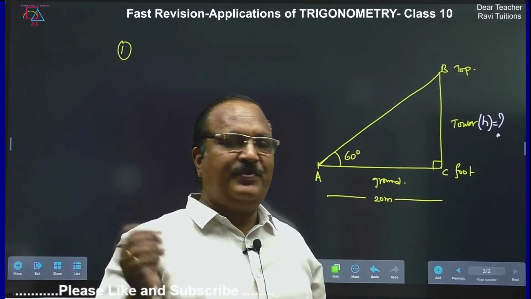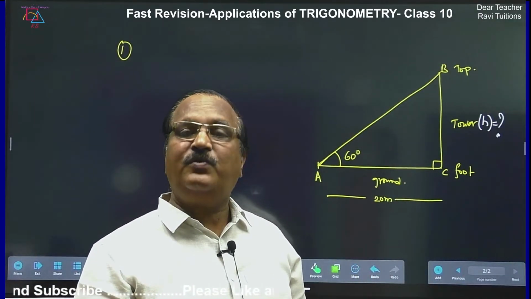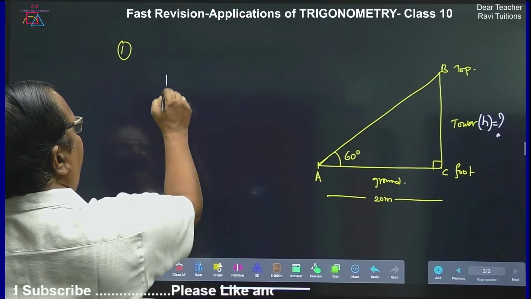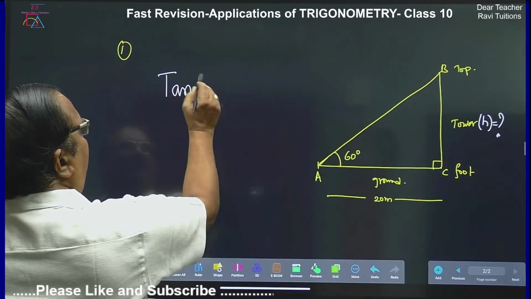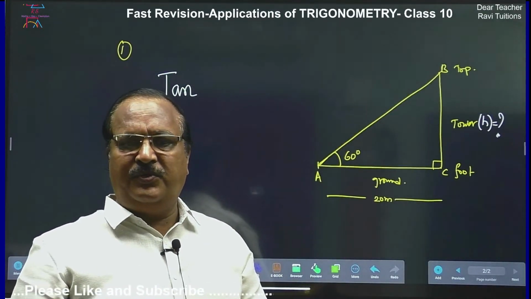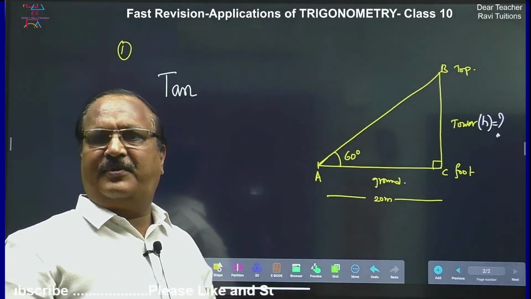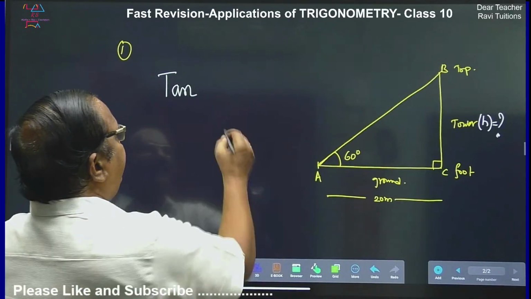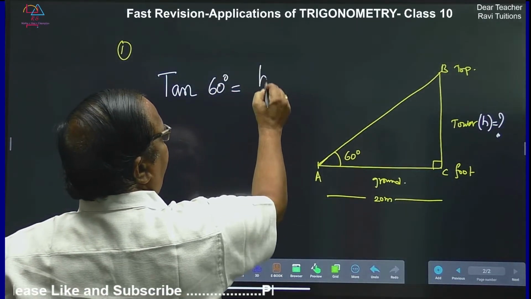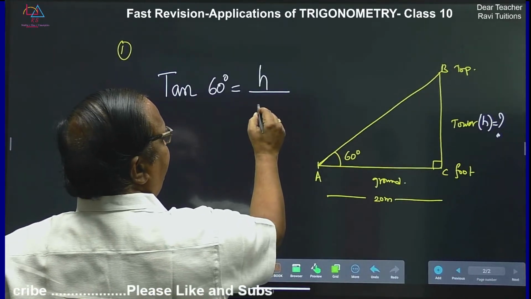So you have to find out a trigonometric ratio which is not having a hypotenuse, that is nothing but tan. Automatically cot also. So tan is enough. You write tan. Okay, tan 60 degrees is equal to opposite side is height and adjacent side is 20.